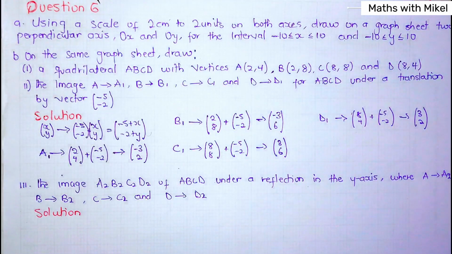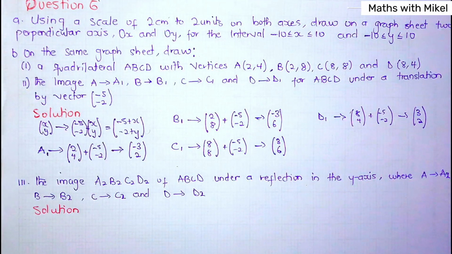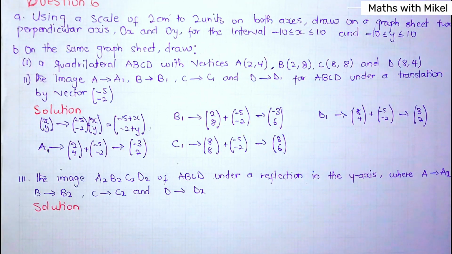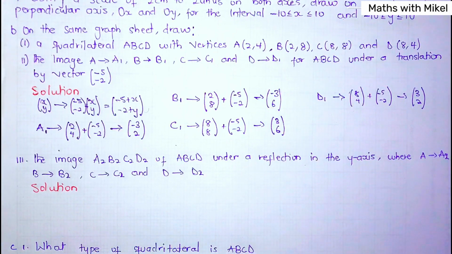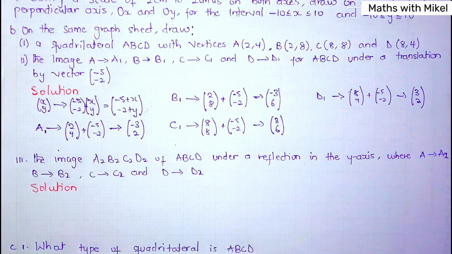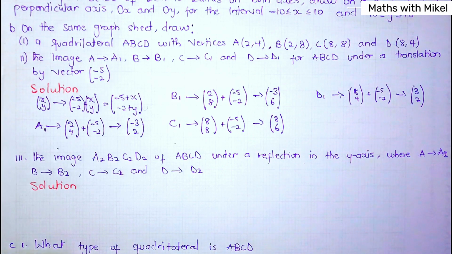Now let's move on to the III. We are asked to find the image A2, B2, C2, and D2 of A, B, C, D under the reflection in the y-axis where A maps to A2. So with reflection in the y-axis, we negate x. It's the same as reflection in the line x is equal to 0.